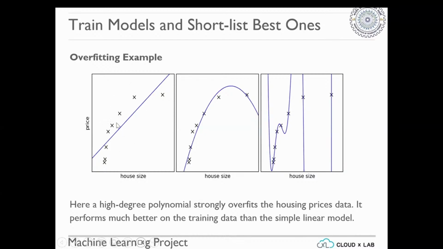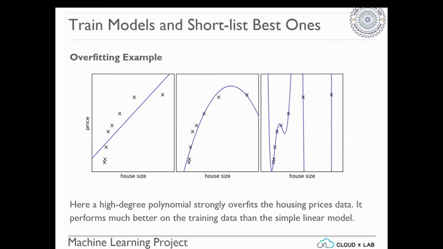Underfitting means training performance is low, and test or validation performance is also low, right? In overfitting, we are getting very good training accuracy, but very poor test accuracy, right? So in overfitting, training accuracy is good and validation accuracy is poor.